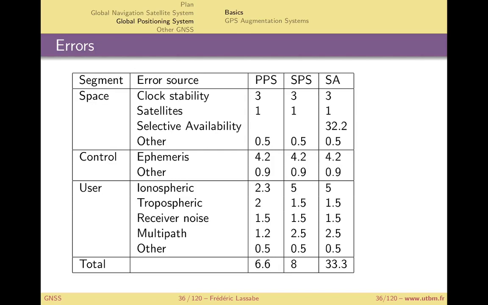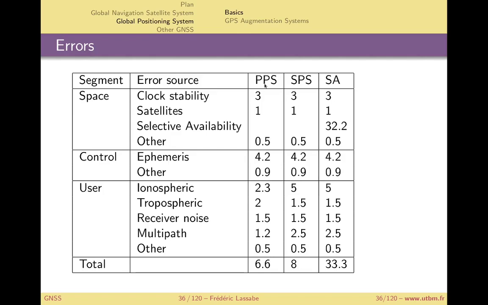So let's look quickly at the errors that can be encountered by the GPS system. First you have a table which lists errors in the space segment, the control segment, the user segment, and the total.